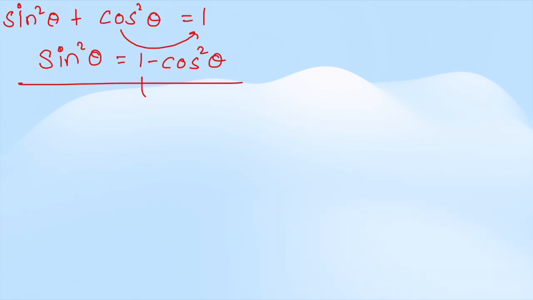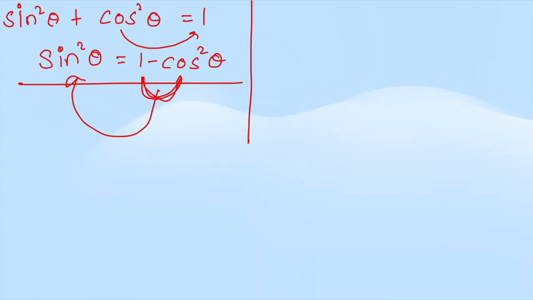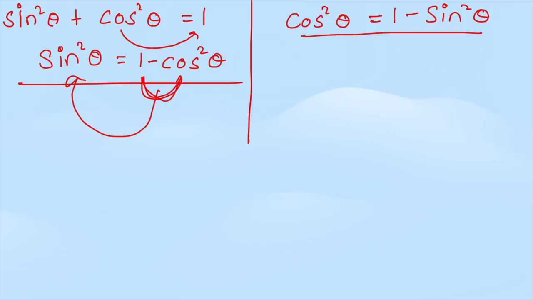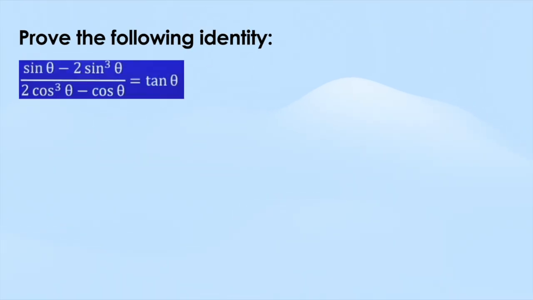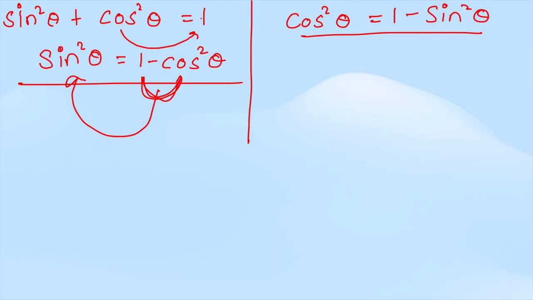So whenever I see 1 minus cos square theta, it is equal to sine square theta. Same thing for cos square as well. If I shift sine to this side, cos square theta equals 1 minus sine square theta. So remember this directly: 1 minus sine square theta is cos square theta, and 1 minus cos square theta is sine square theta.